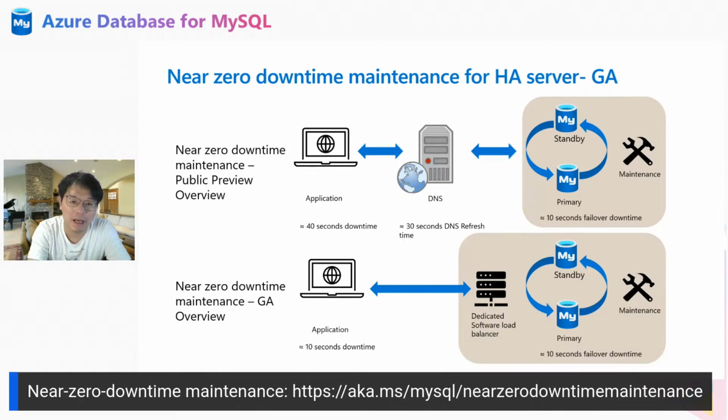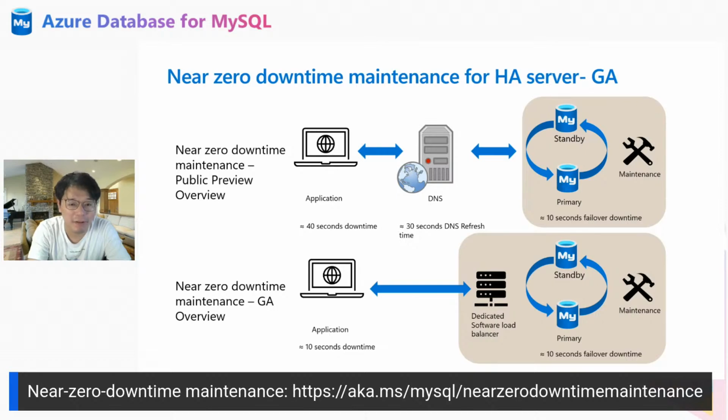So you don't need to have this DNS refresh time. Just please note that for our existing servers, there will be some migrations so that you can migrate the existing HA infrastructure to our dedicated SLB-based HA infrastructure.